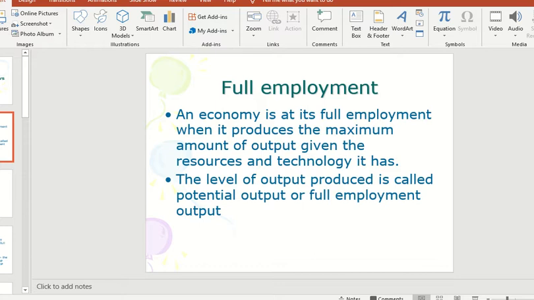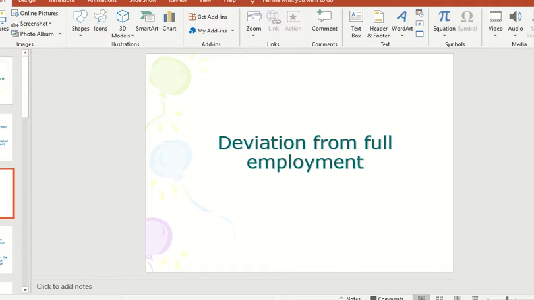The level of output produced is called potential output or full employment output level. So we would just assume that the goal of policymaking is to achieve the potential output or the full employment output level. Unfortunately, most of the time, we're not at full employment.